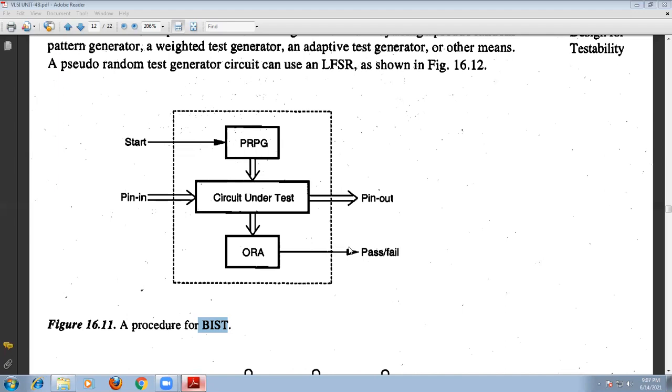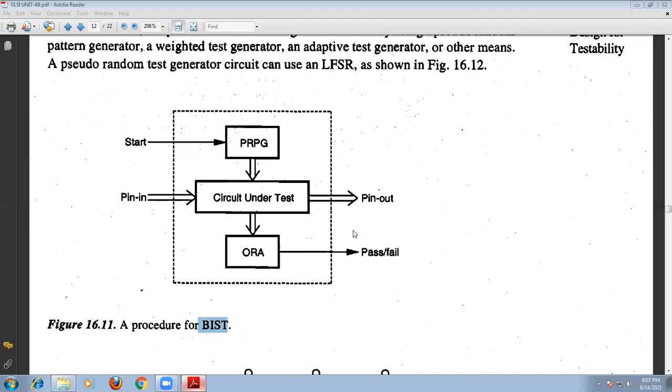That's why it's called built-in self-test. Basically, parts of the circuit are used to test the circuit itself.